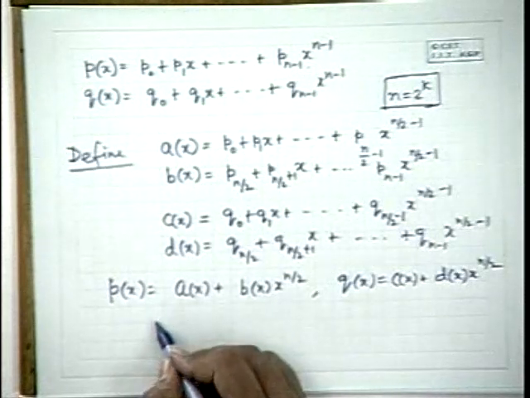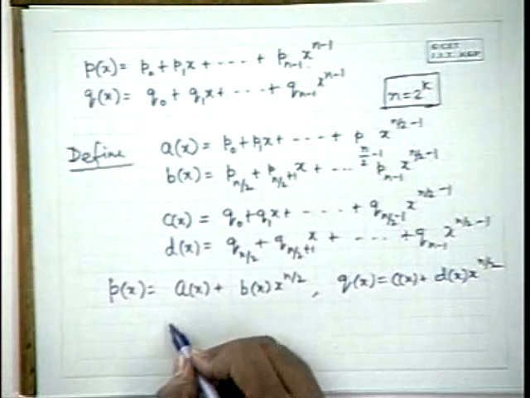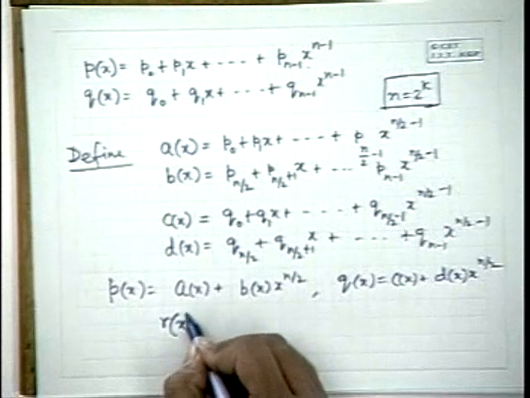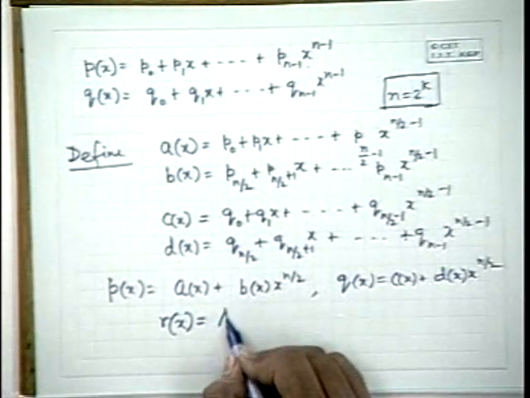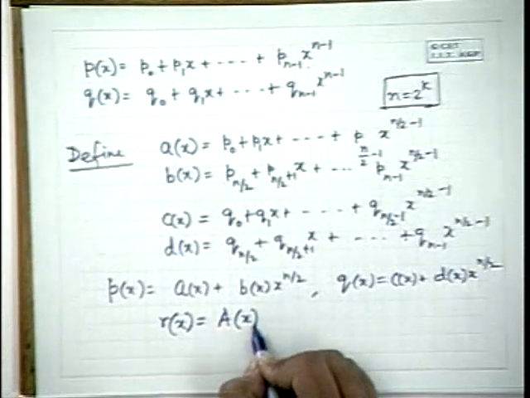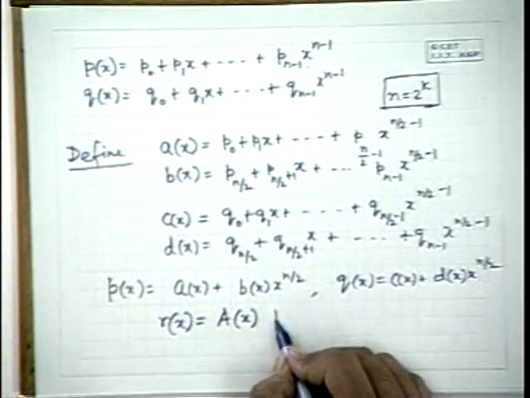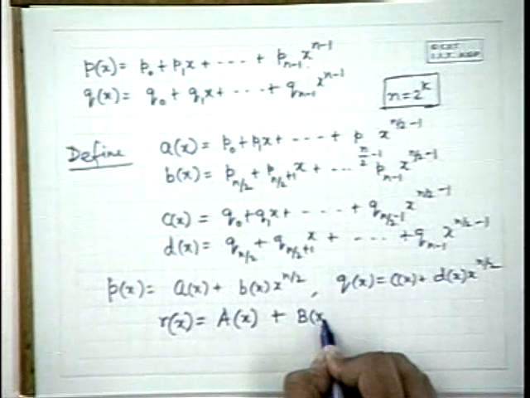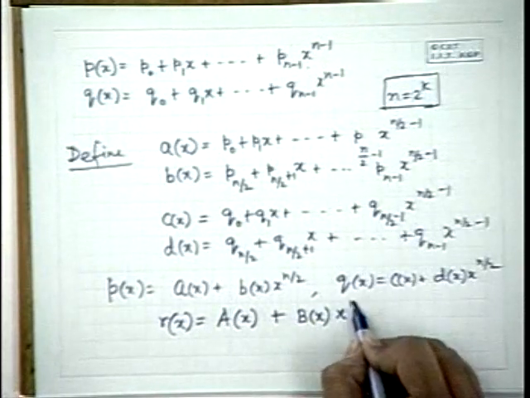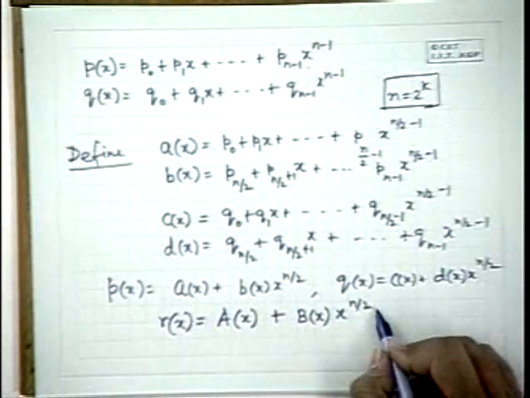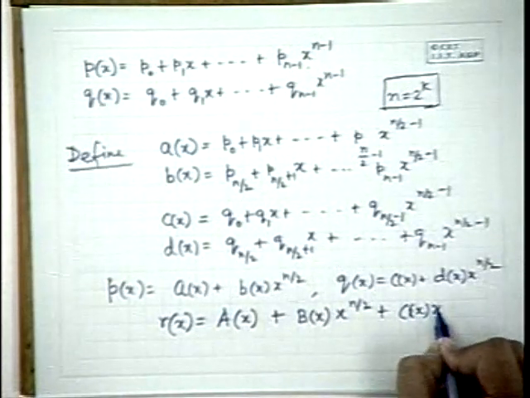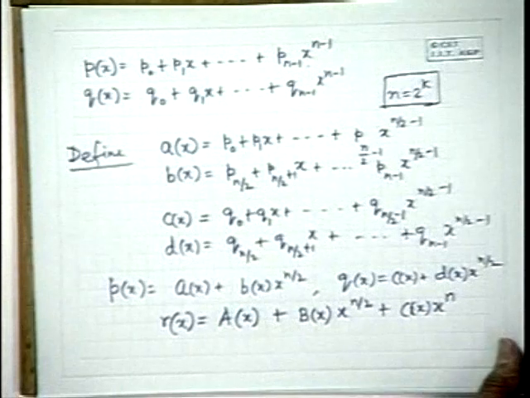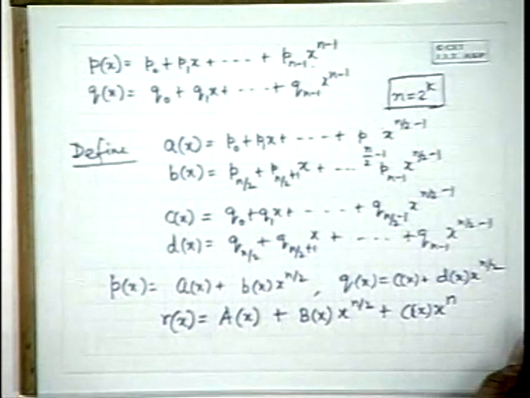Now, when we multiply px and qx, we get the new polynomial Rx, which has three components: ax plus bx, which has to be multiplied by x to the power n over 2, plus cx, which is x to the power n, where a, b, c I am going to define.